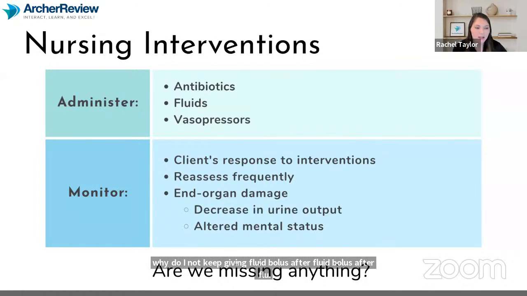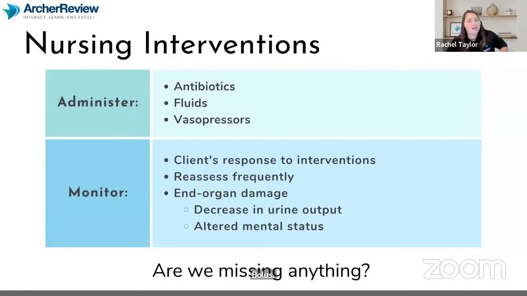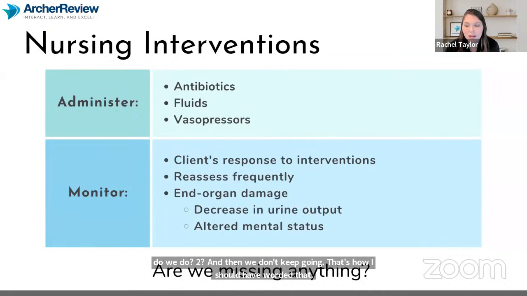What do we think? Why do we do 2 and then we don't keep going? That's how I should have worded that. We don't want to cause fluid overload, right? We want to make sure we don't cause any fluid overload.